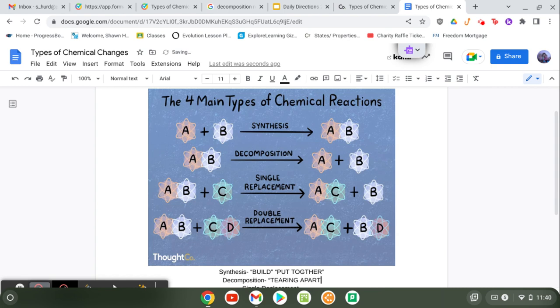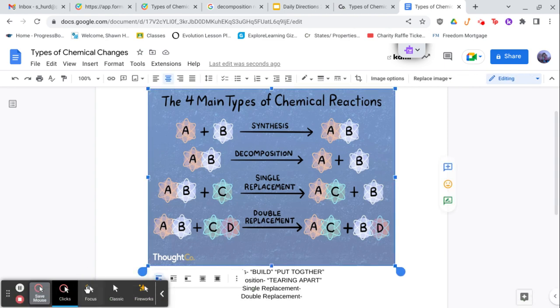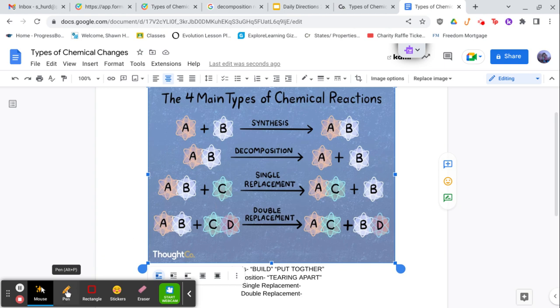So when we had decomposition, we talked about tearing apart. That's pretty simple because it's really just the opposite of everything that you're doing when it comes to synthesis. Now, when you have this decomposition, you've started with a compound.